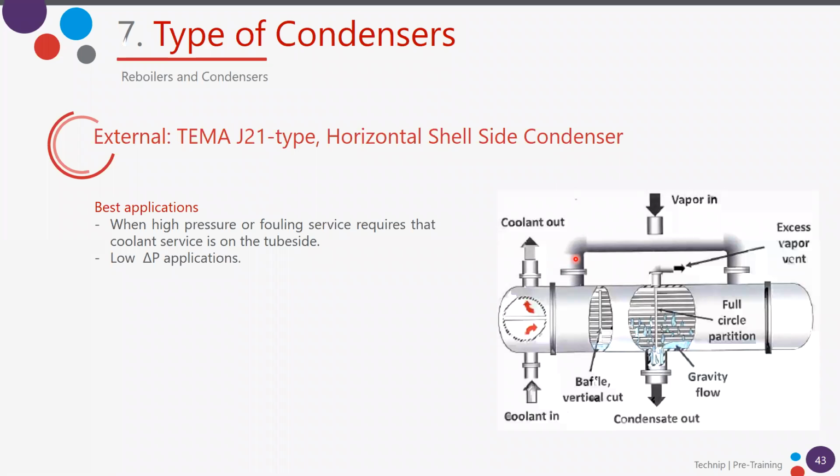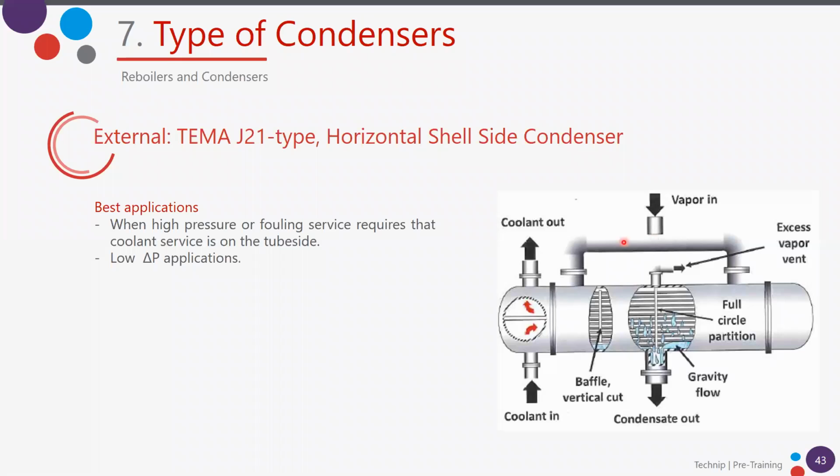In that way, we can split the inlet flow rate into two nozzles, and then the pressure drop and the velocity are lower at the shell side inlet. So in this case, the vapor goes down.